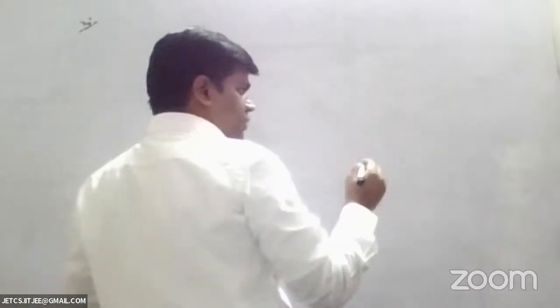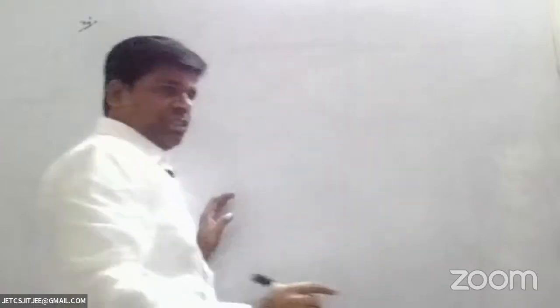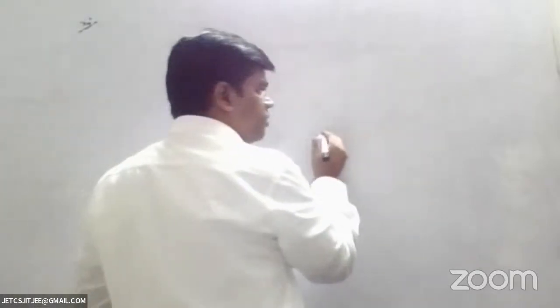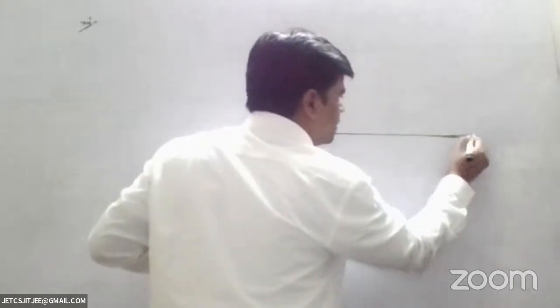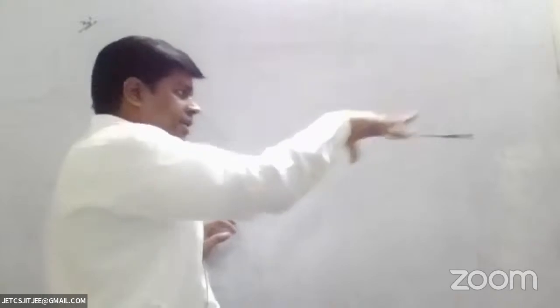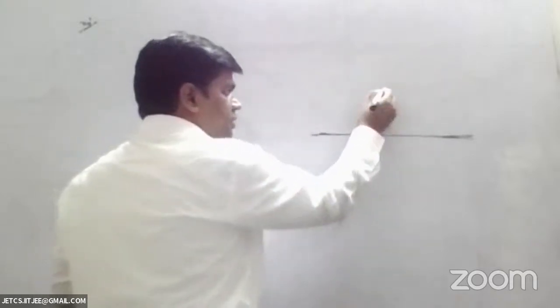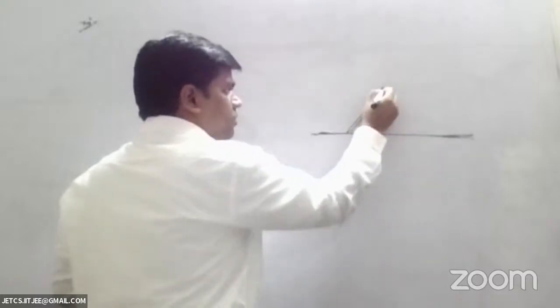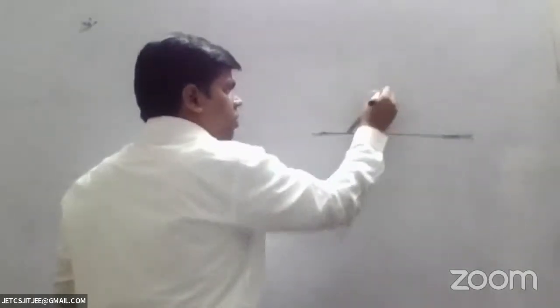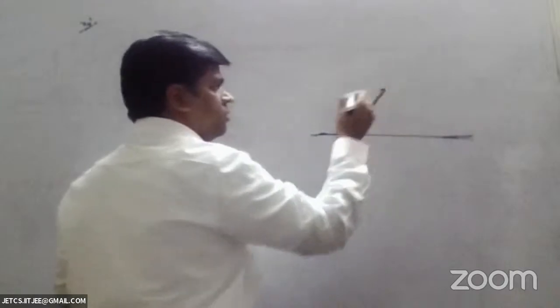Okay. Understand one thing, students, and let's understand what is projection. I've got a straight line or a plane, and I've got a rod or some object of some length.